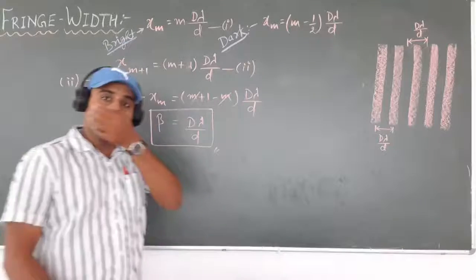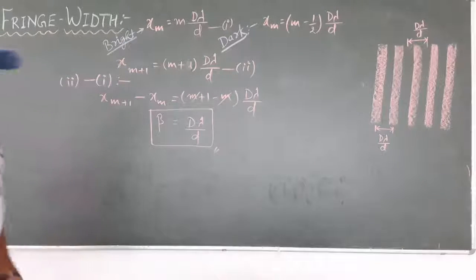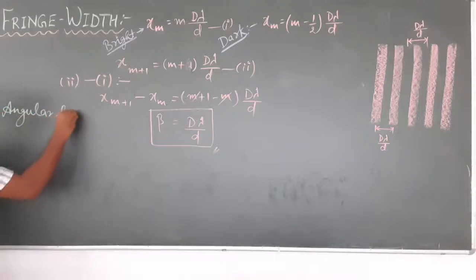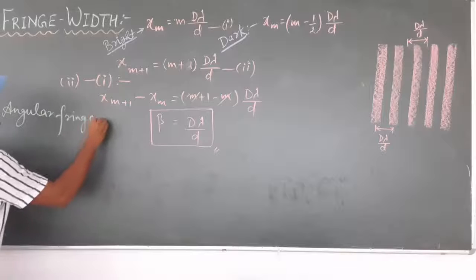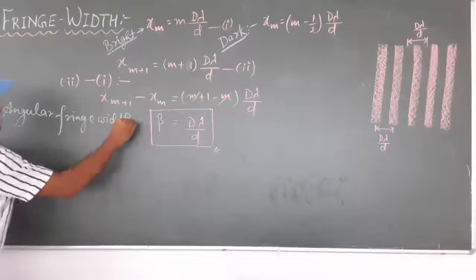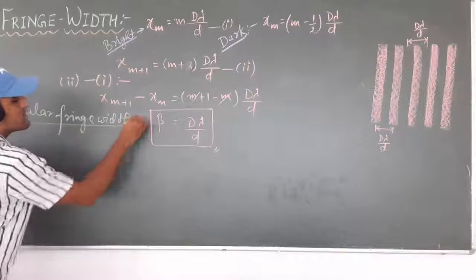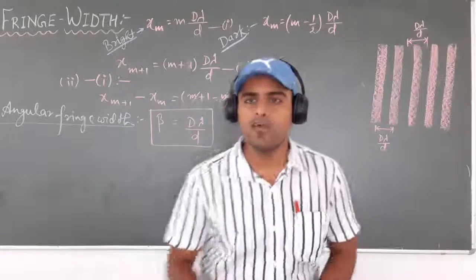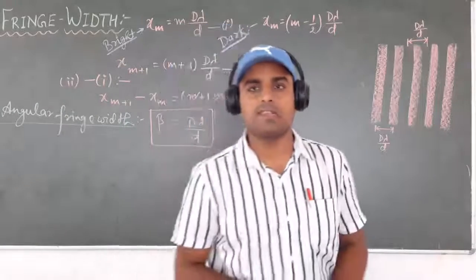Now I am going to tell you one more small relation: what is the equation of angular fringe width. अब हम अगर एंगुलर फ्रिंज विड्थ की बात करें, ये तो फ्रिंज विड्थ का इक्वेशन हो गया. What is the equation for the angular fringe width?